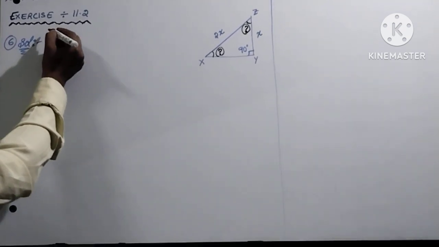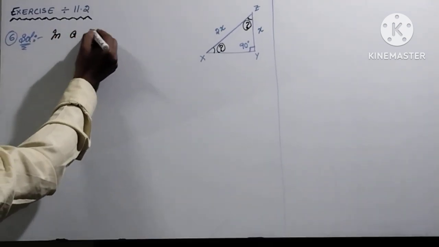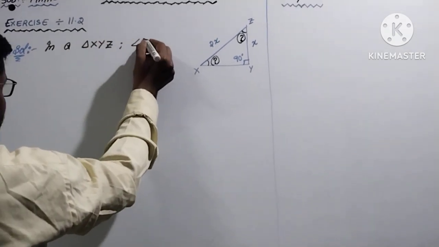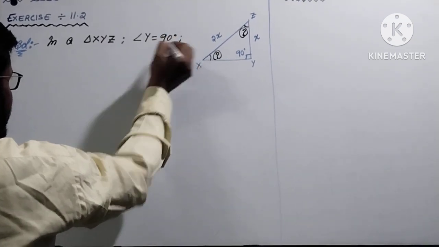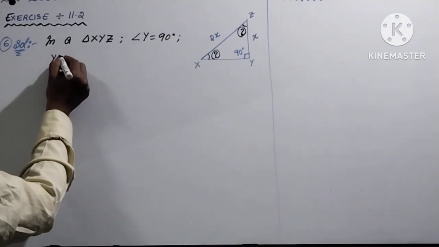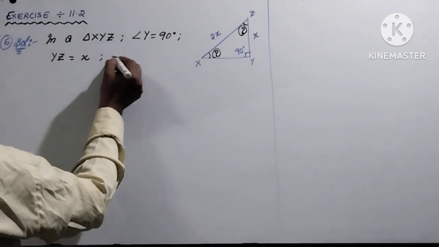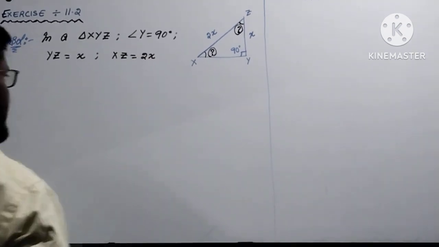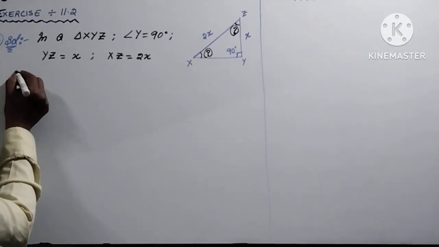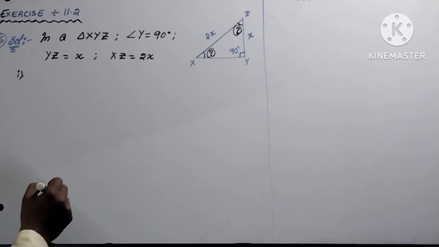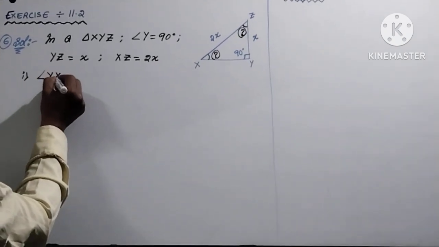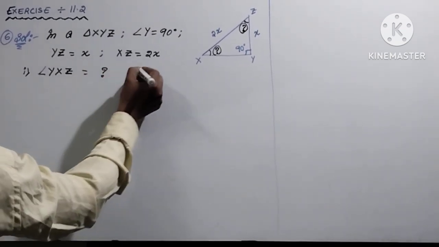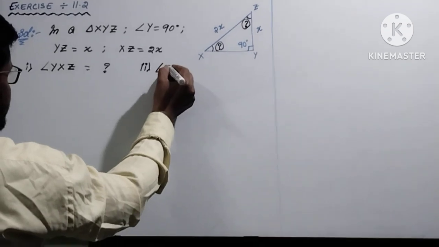Given in triangle XYZ, the right angle is at Y, that means 90 degrees, and given values YZ equals small x and XZ equals 2x. The first angle I have to find is angle YXZ, and the second is angle YZX.